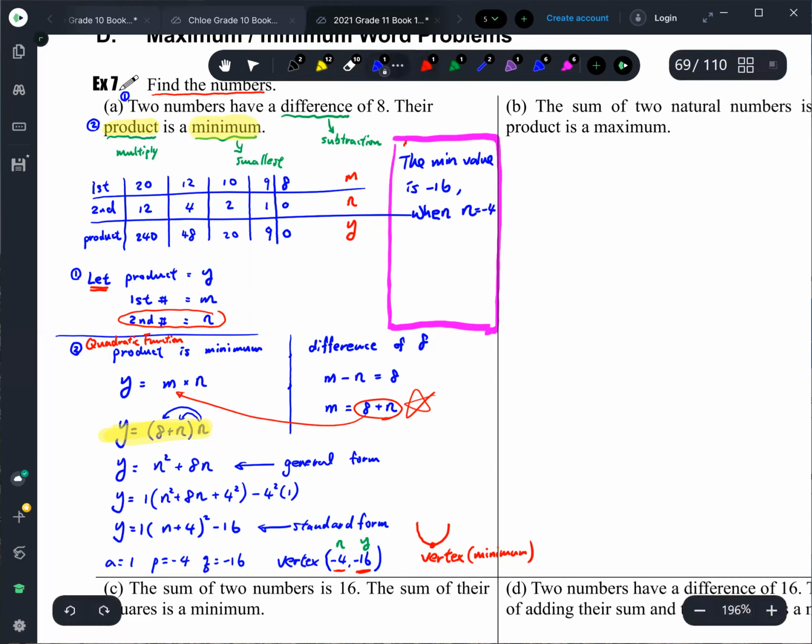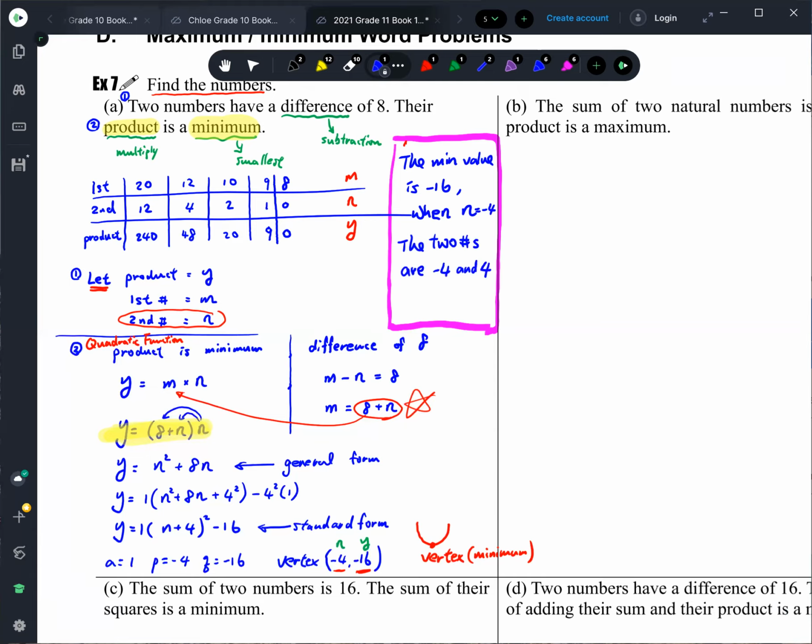Okay. So therefore, the two numbers are -4 and 4. -4 is the n. So -4 plus 8 is 4.